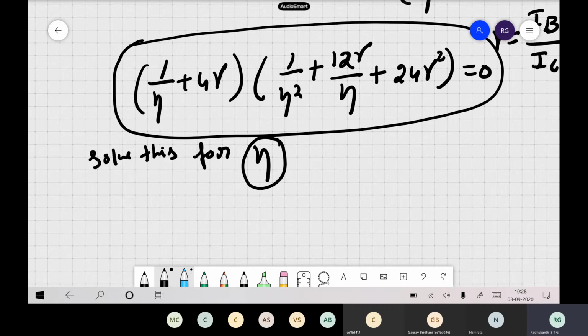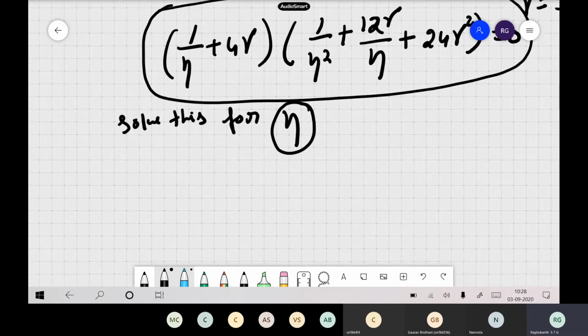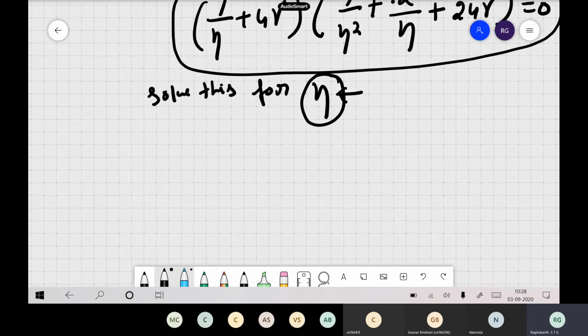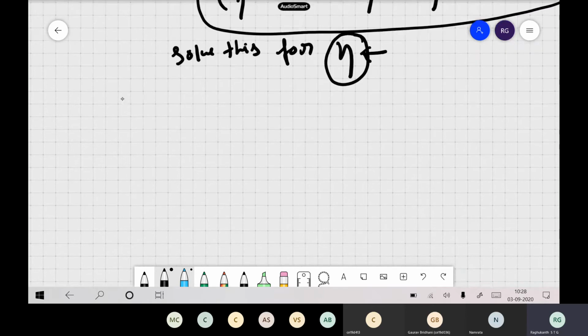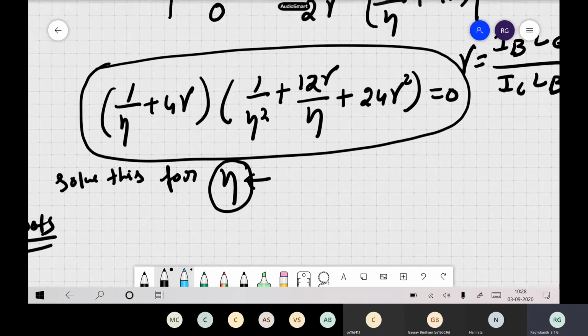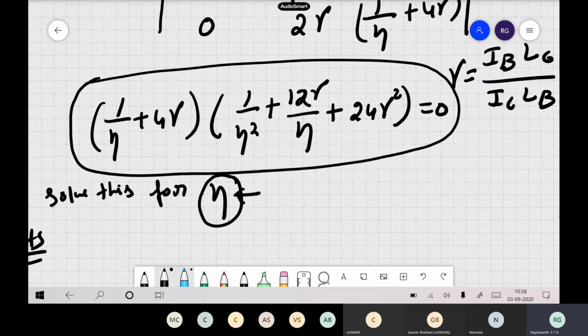Your eta contains, as I already told you, the transcendental beta, KL and other things. So your buckling load is incorporated in your eta, which is transcendental. Now for the roots of this equation: generally in your dynamics or other courses, when the determinant of a 3 by 3 matrix is 0, you will get 3 roots.